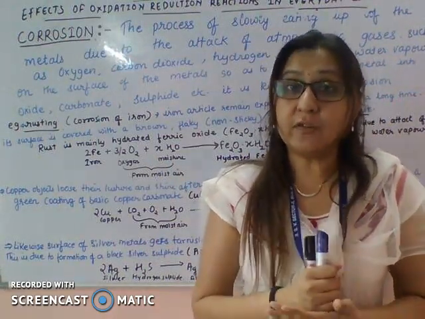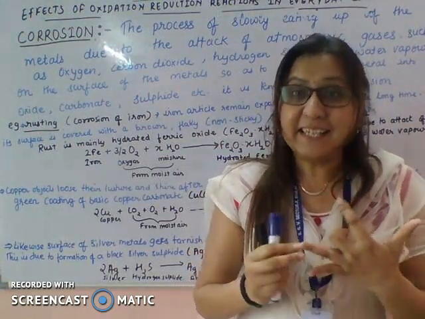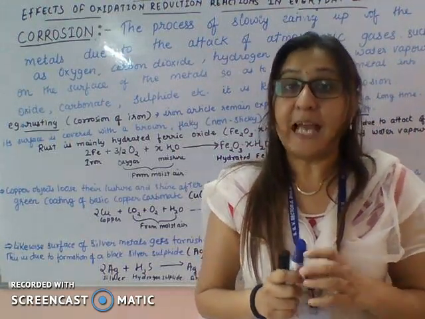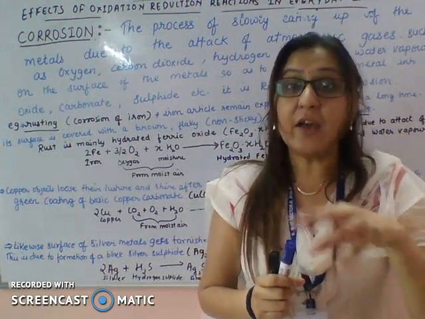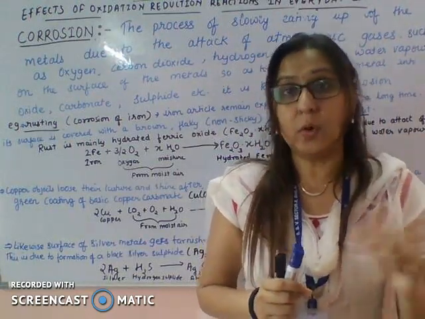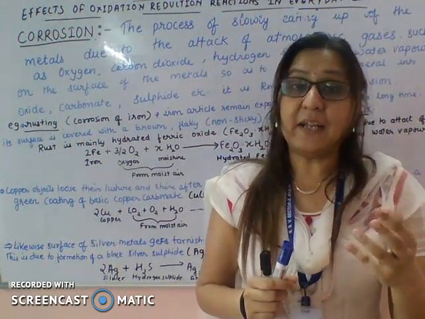Prevention of corrosion is by painting, by greasing, by oiling, or by galvanization. Galvanization means to put a layer of zinc on a metal surface to prevent it from further corrosion, or by electroplating. In electroplating, what will happen?